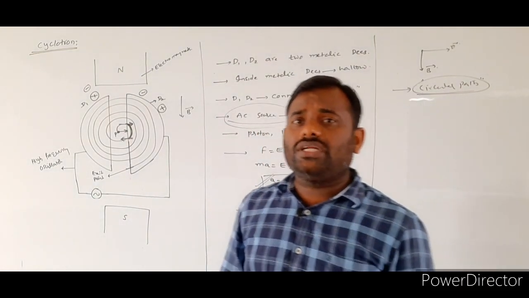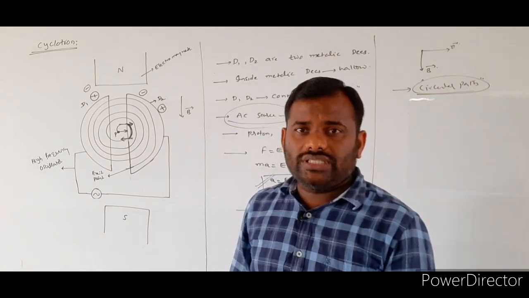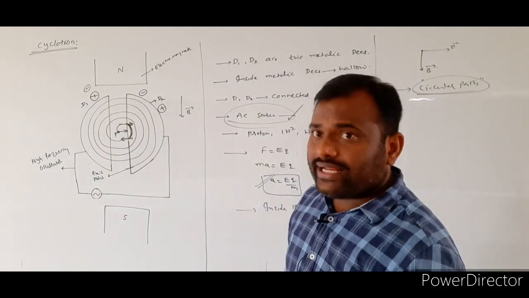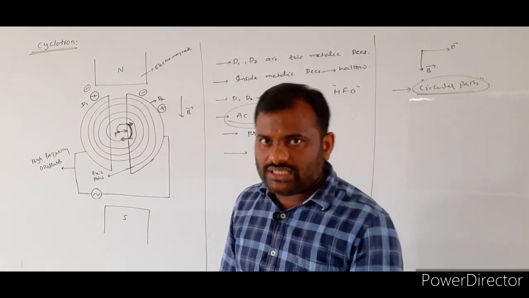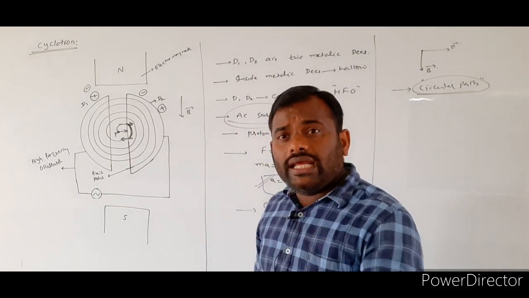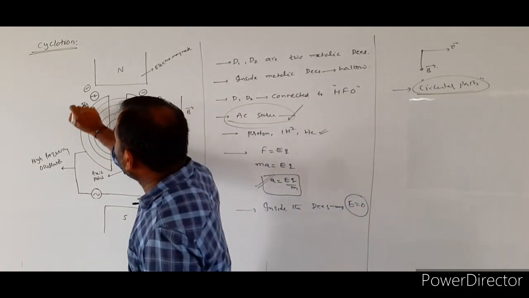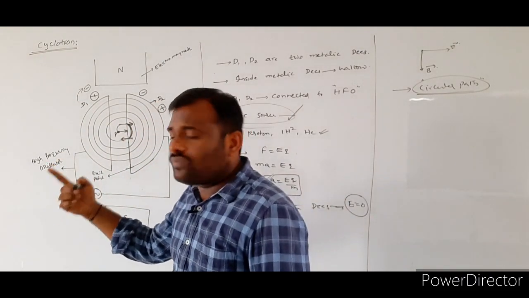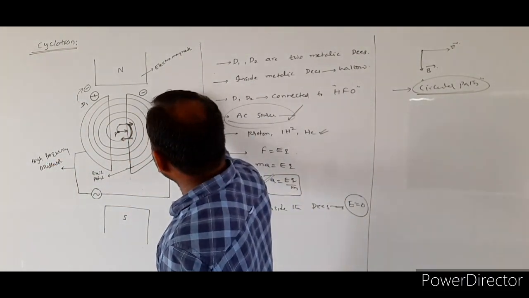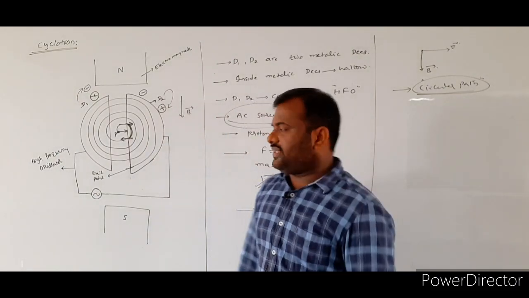After the completion of half of the revolution inside D2, the sign of the alternating current was changed. Because of that, the metallic plate D1 becomes the negative plate, and the metallic D2 becomes the positive plate.